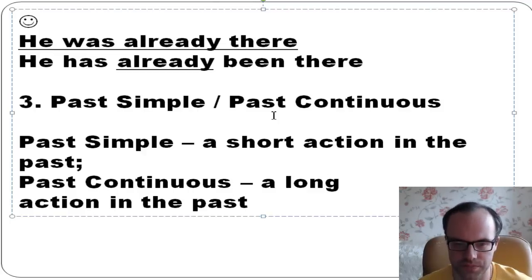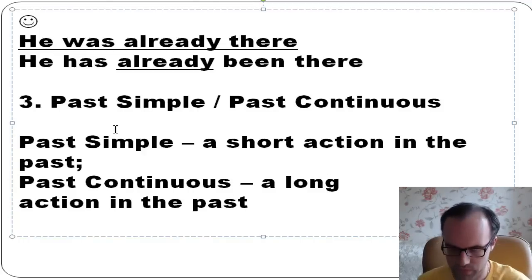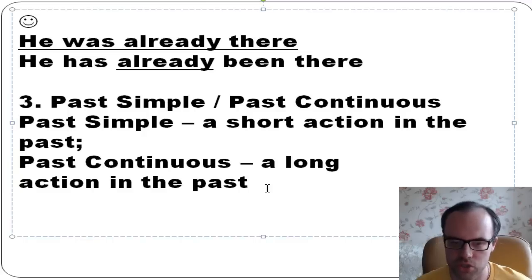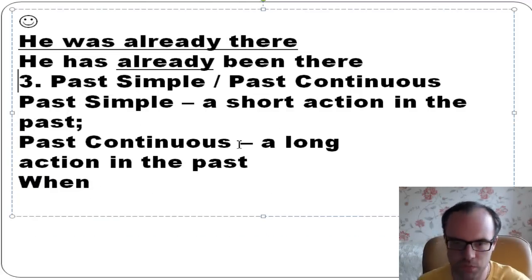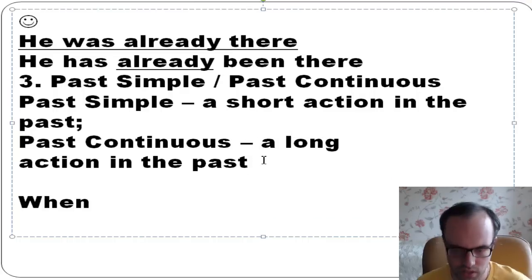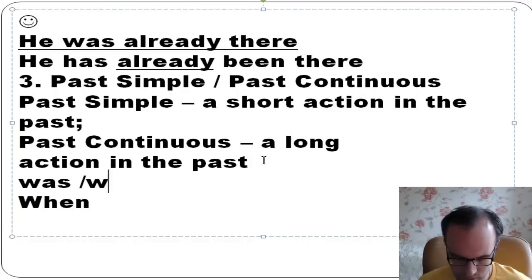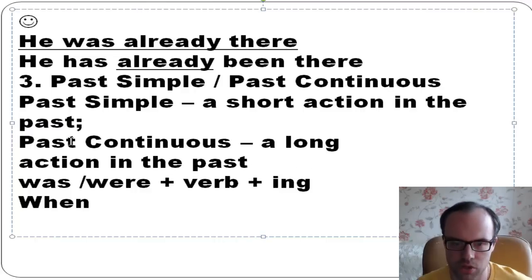So you see, for example, we often use past continuous with when. Look, and we form it this way: was or were plus verb plus ing.